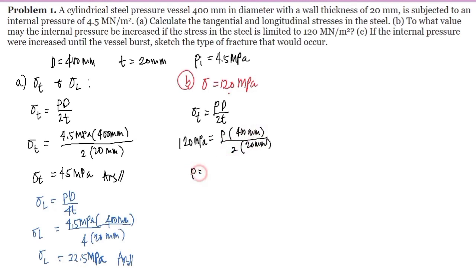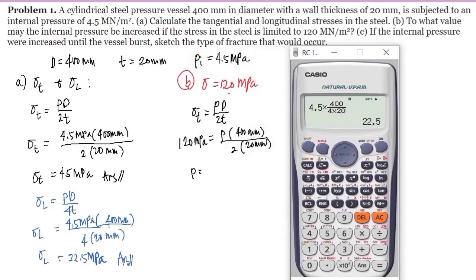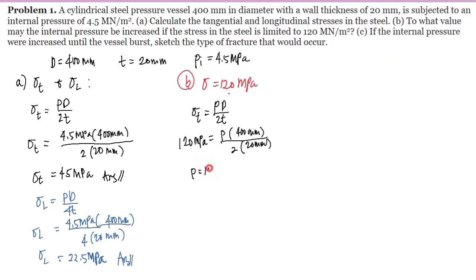Now, computing for the pressure here, 120 is equal to P multiplied by 400 over 2 times 20. Solving, we would have 12 megapascal.